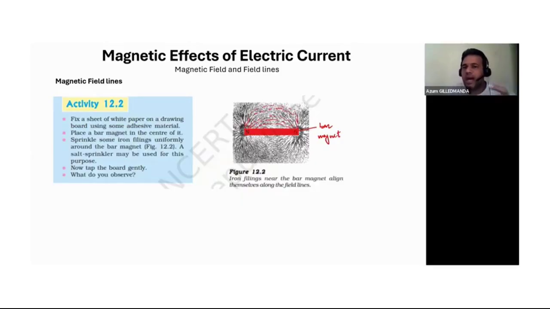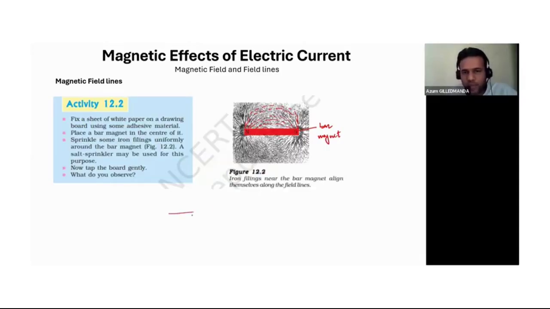Those sprinkles arrange themselves into this shape because of the magnetic force that attracts towards the magnet. That is how the magnetic lines are formed surrounding the magnet. Understood?